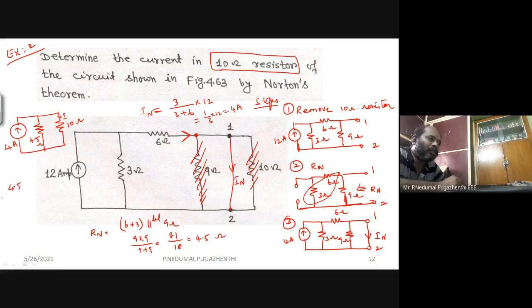Opposite branch resistance divided by total resistance into 4 will give me the current I, or I10, whatever it is. எப்படி நான் நேம் வச்சுக்கலாம். இதோட வேல்யூ எவ்வளோன்னு பாருங்க. 4.5 divided by 14.5 into 4 is equal to how much?